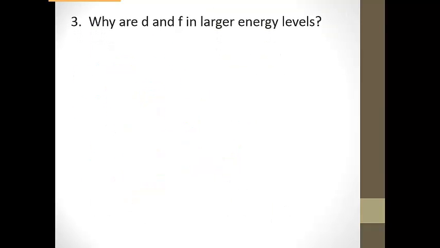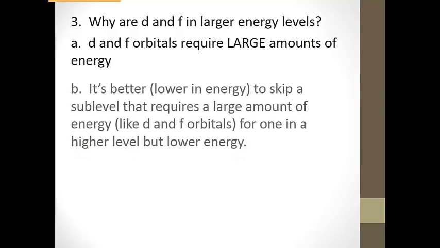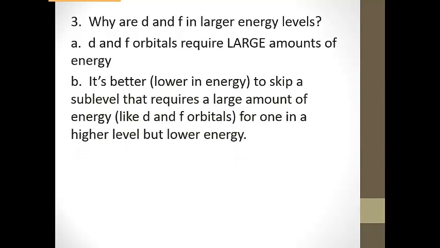The d and the f orbitals, notice that they didn't come in until quite a bit later. They have quite a bit of energy, actually. And so sometimes those get skipped, and we'll go to a higher energy level, but technically it has lower energy, because the d and the f orbitals require so much.